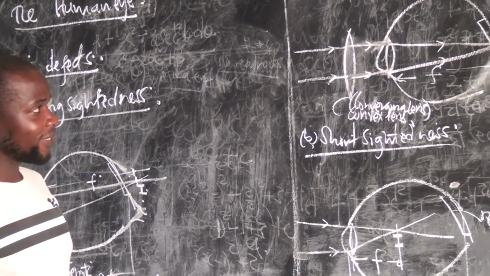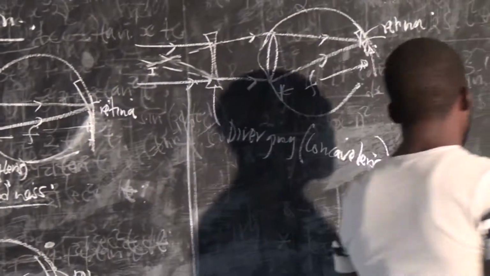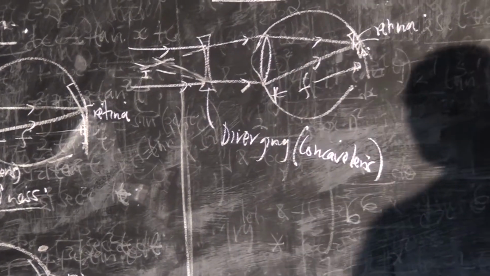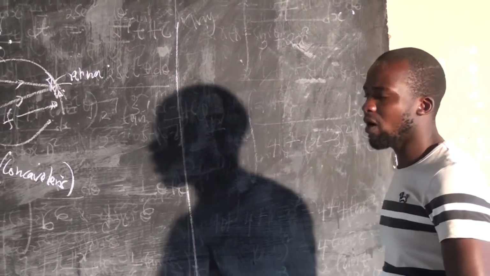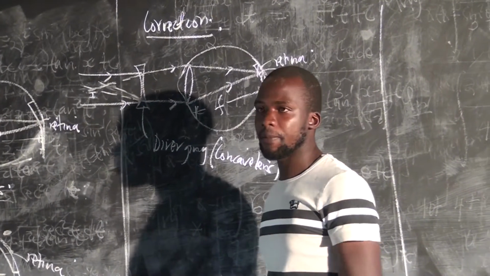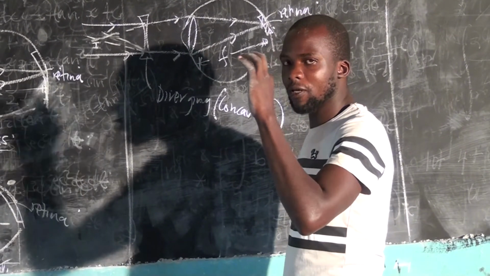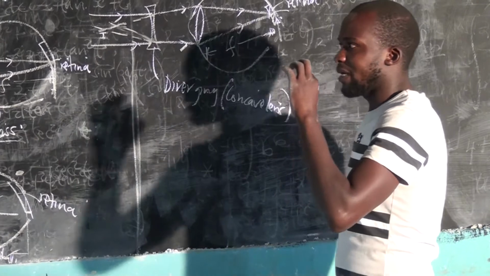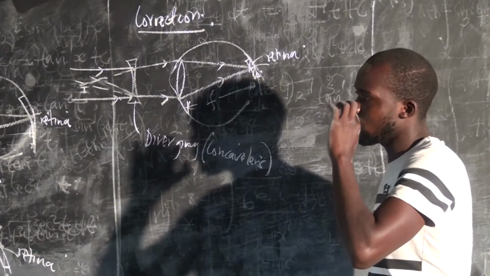When the eye is in the action of viewing different objects, it commonly changes its focal length. The variation of the focal length of the eye is such that it can view different objects.